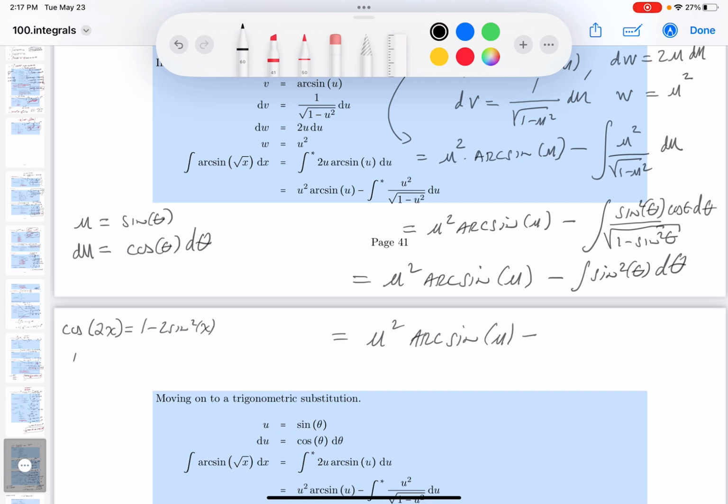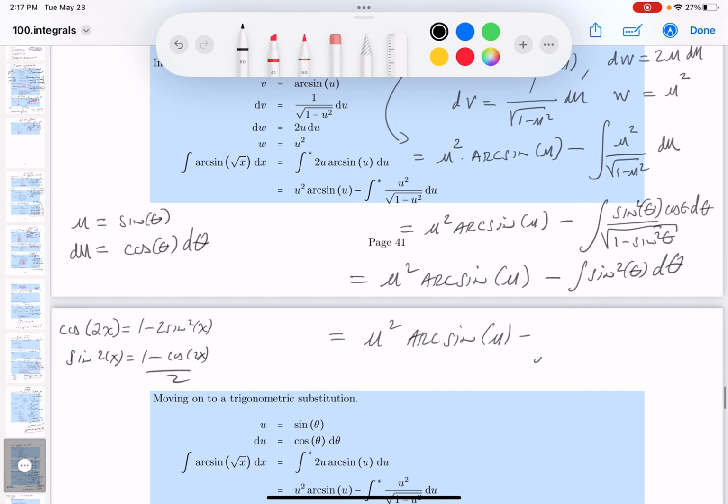That means sine squared of x would be 1 minus cosine of 2x over 2. I'm sorry, I didn't mean to put x there. It's 1 minus cosine of 2 theta over 2.